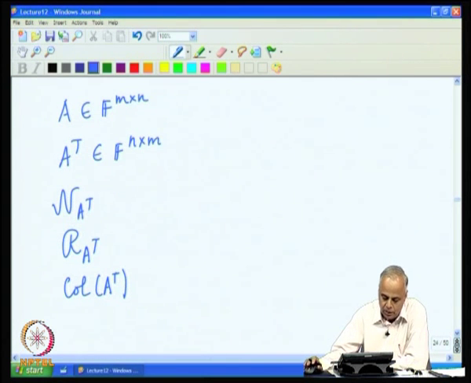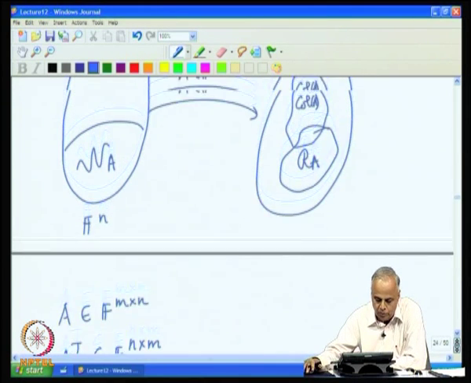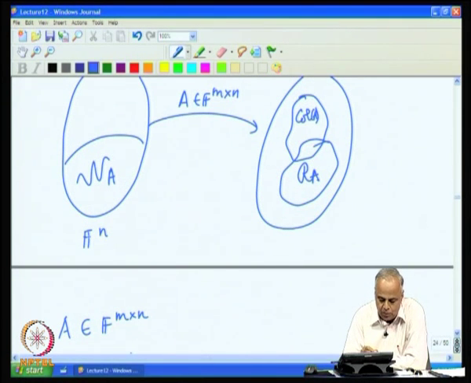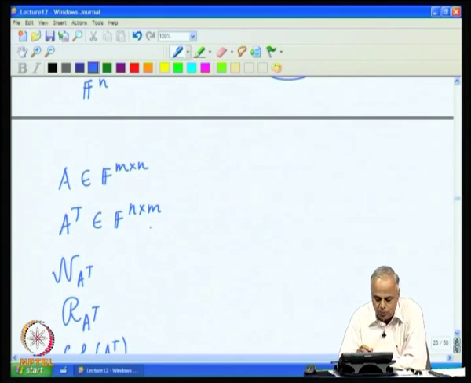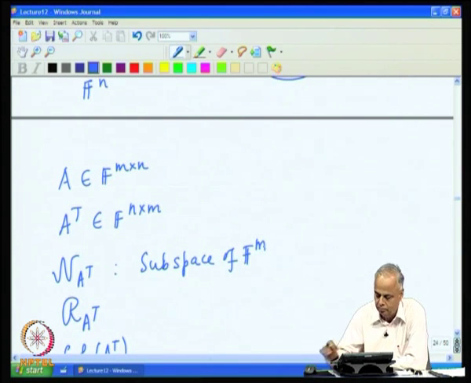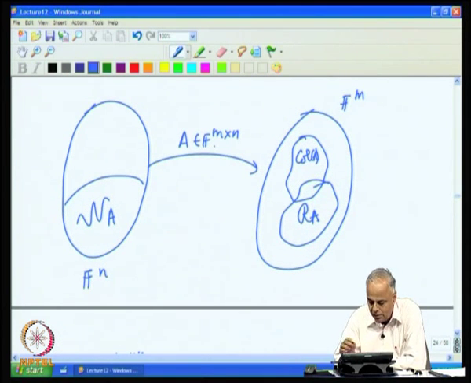Now, if you have an m by n matrix, the null space is a subspace of Fn. So, since A transpose is Fn×m, the null space will be a subspace of Fm. And if you have an m by n matrix, the range is a subspace of Fm.